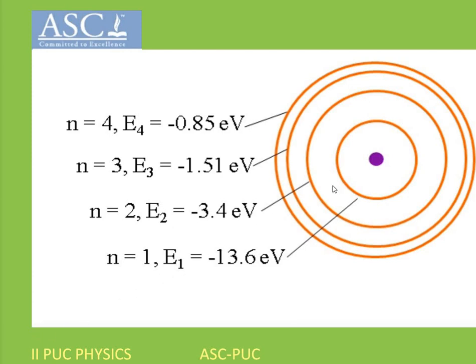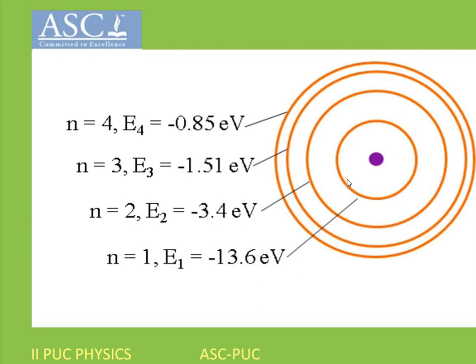Let us consider that the electron in the second orbit of the hydrogen atom, of energy minus 3.4 electron volt, makes a transition to the first orbit of energy minus 13.6 electron volt. Here we can note that minus 3.4 electron volt is greater than minus 13.6 electron volt.